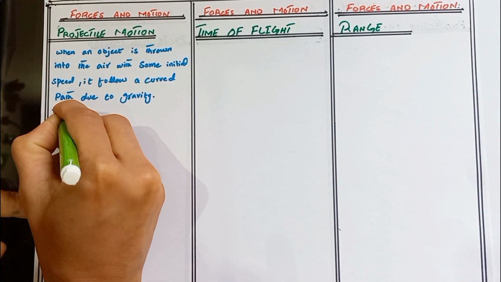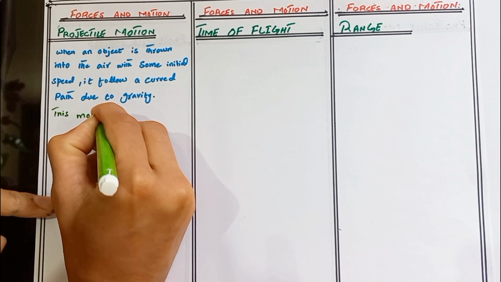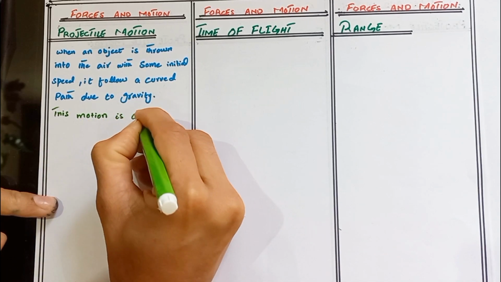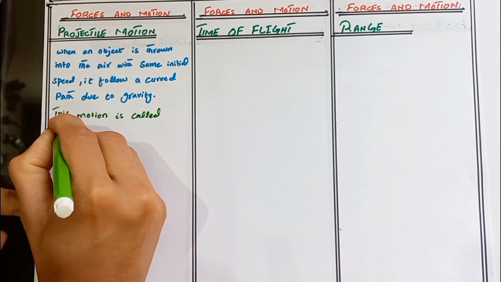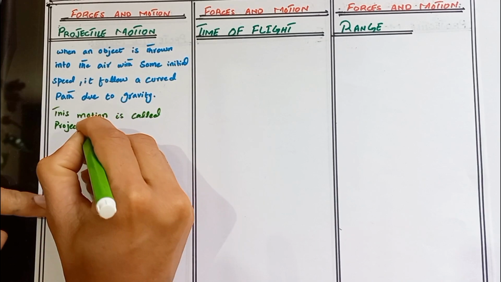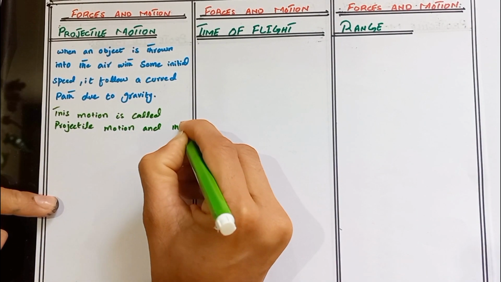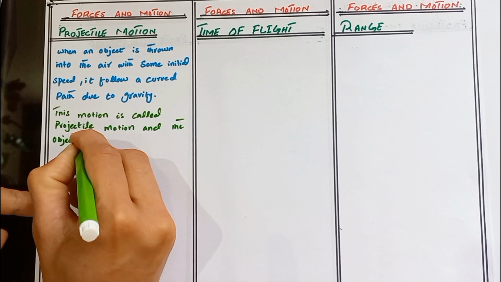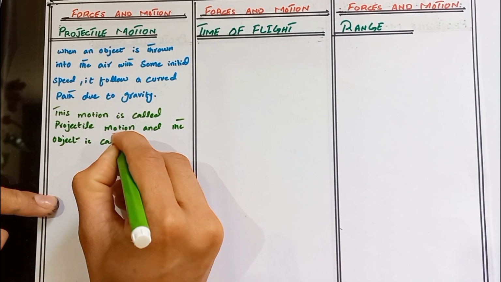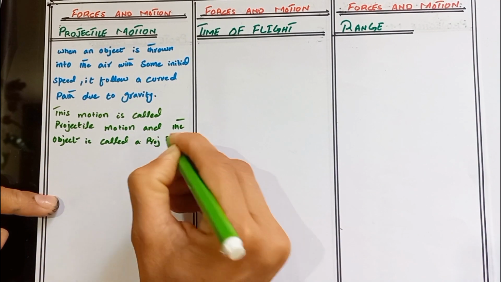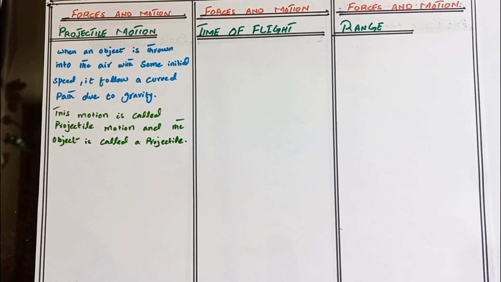This motion is called projectile motion and the object is called a projectile.